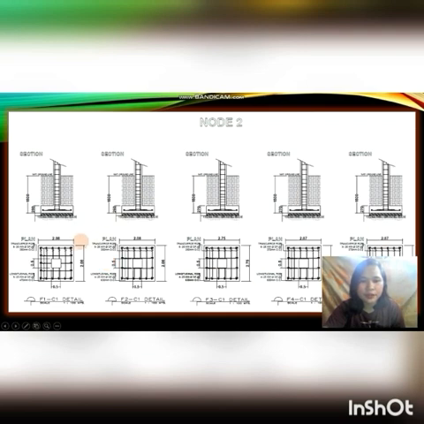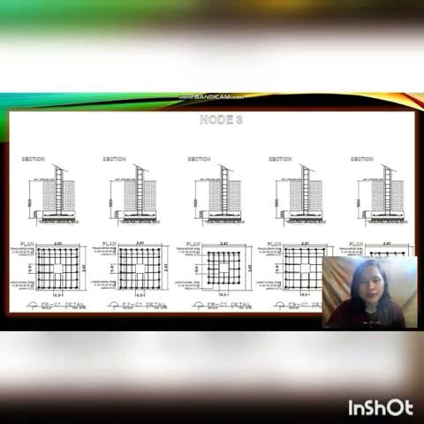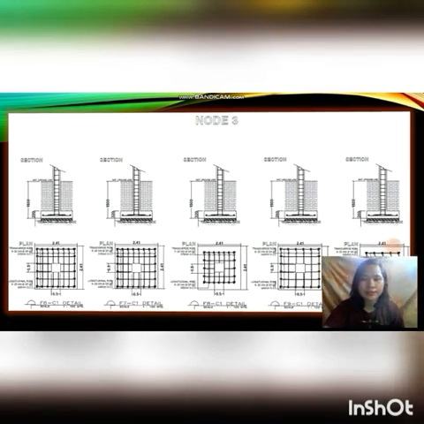This is our top 5 for our node 2. 2.08 by 2.08 dimensions, 2.75 by 2.75 dimensions, 2.07 times 2.07, and 2.07 times 2.07. So for our node 3, you can see our top 5 design footing for isolated design.